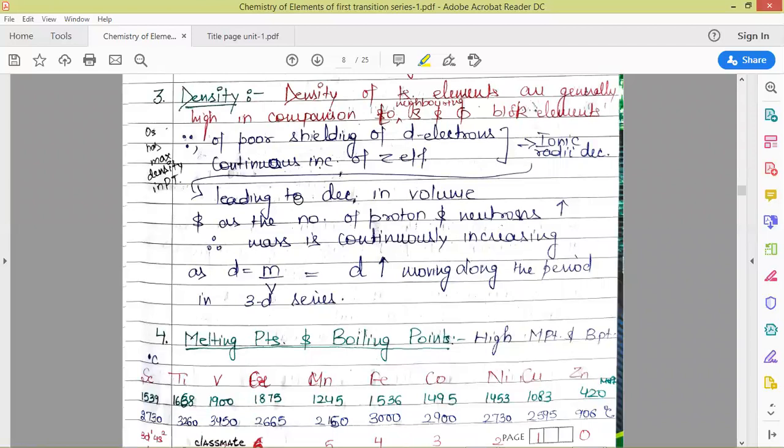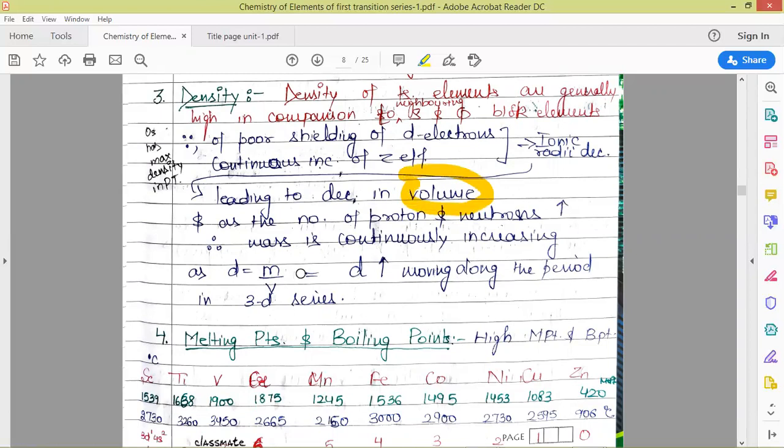So we were coming back to the density factor. The density is increasing as we move from left to right in a period along the 3d series. This is due to the fact that as we move from left to right, Z effective is increasing continuously. And with an increase in Z effective, volume is getting decreased.